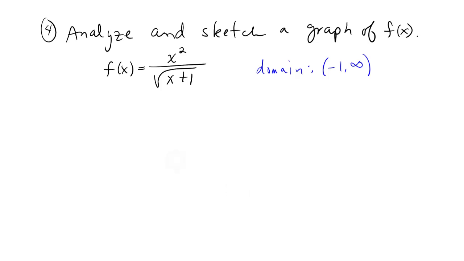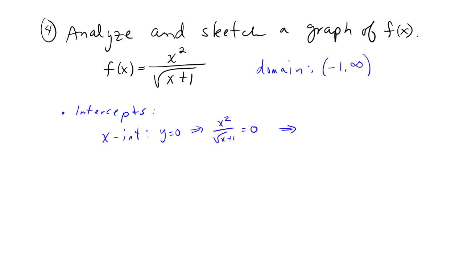All right, so I'm going to start with some intercepts. Let's look at any x-intercepts. That would of course be when y is 0. So x squared over the square root of x plus 1 would have to be 0.